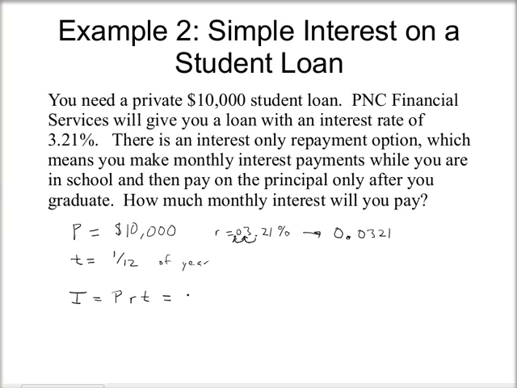So that's going to give me 10,000 times my interest rate of 0.0321 times my time period of 1 month, or 1/12 of a year, so times 1/12. If I put that in my calculator, every month in interest, I'm going to pay $26.75 per month on that loan.